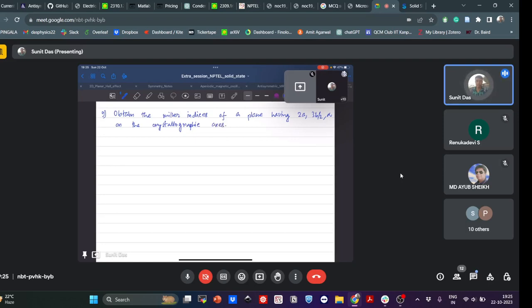So obtain the Miller indices of a plane having 2a, 3b by 2 and infinity on the crystallographic axis. Okay, so having intercepts basically.